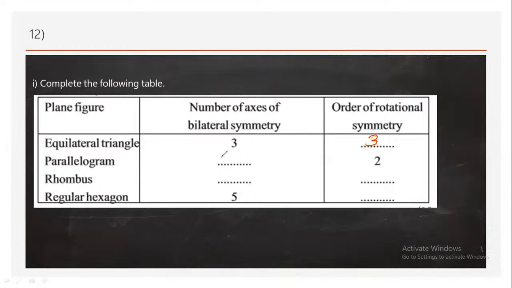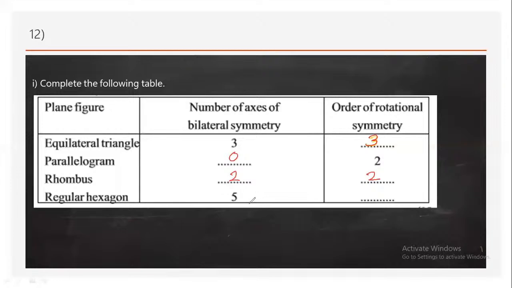Parallelogram, no axis of symmetry, 0. Order of rotational: if you rotate, it coincides 2 times. So we can take 2. Rhombus. Yes, number of axes of bilateral symmetry 2. Order of rotational also 2 here.